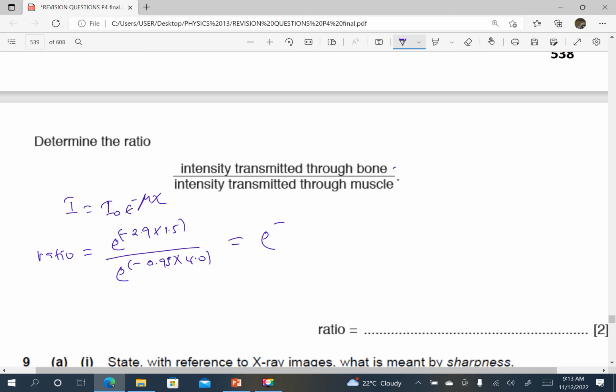So this becomes e power negative 0.55. From my calculator, I'm getting 0.58 to two significant figures.